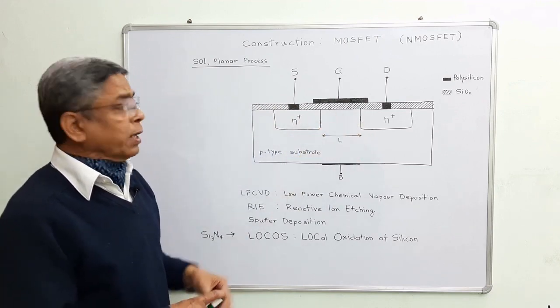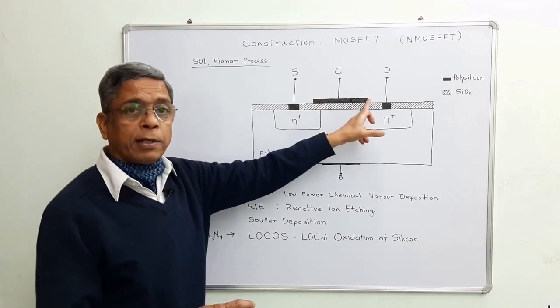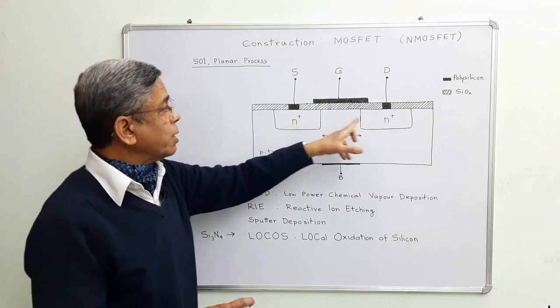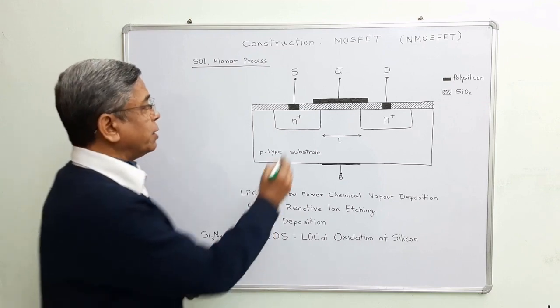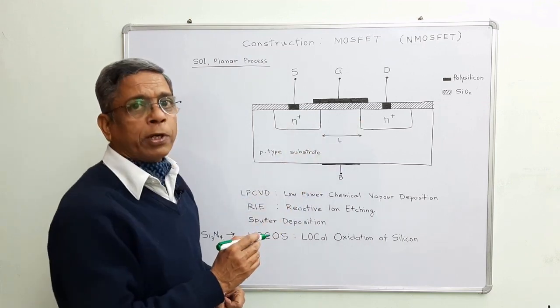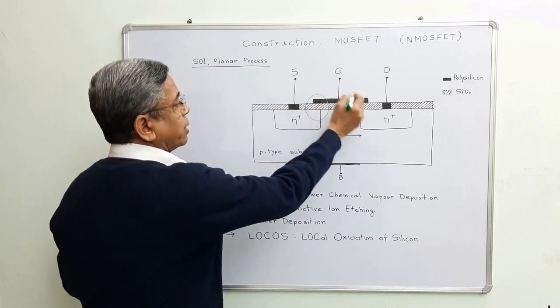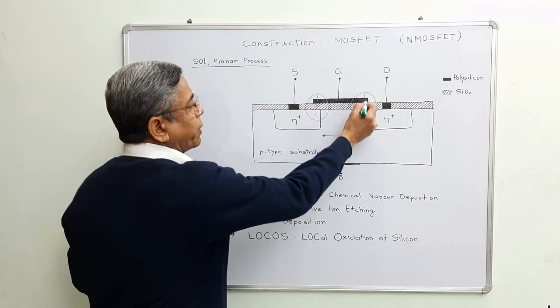Then this gate region is used as an implant mask for doping the source and drain regions. See, one point is very important here. These two regions are abutted to the gate edge. This is the part and this is the part. This is overlapping. This is overlapping.